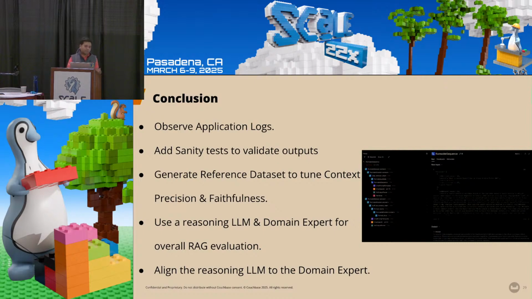Once you have this system in place, you can come up with a reasoning LLM or a more powerful LLM to evaluate the generated answer. Along with it, you have domain experts evaluating these answers, and you try to align the reasoning LLM to the domain expert. And you basically continue the same process throughout.